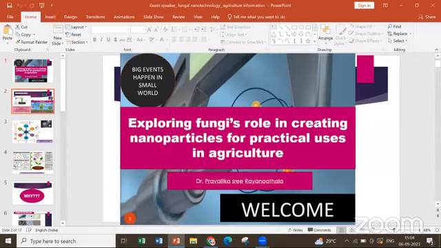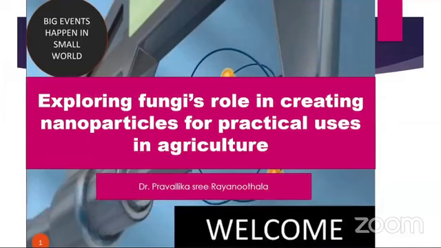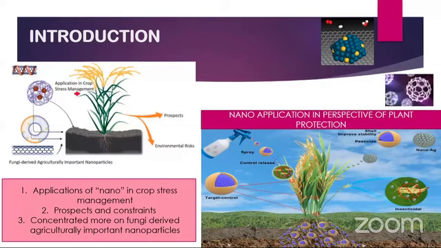Sorry for the interruption. In this presentation, the first slide gives you an overall index. You'll be learning about nanoparticles, nanotechnology, and fungi-mediated nanoparticles, their mechanisms of biosynthesis and applications in crop stress management, their perspectives and challenges, as well as the future outlook and concluding remarks.